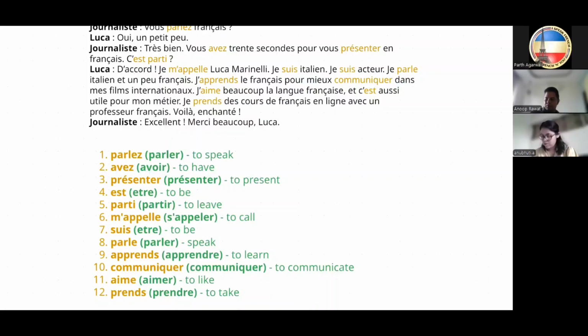Now, the next line that we have is j'aime beaucoup la langue française. What do you think? I like the French language a lot. Beaucoup is a lot. Et c'est aussi utile pour mon métier. Anu was confused with this word métier.